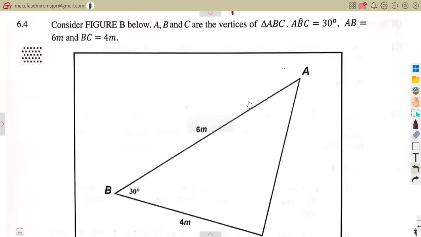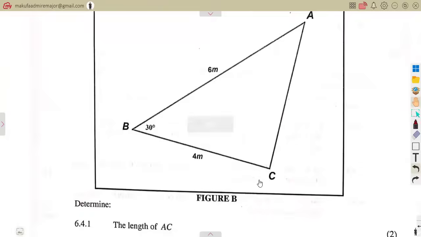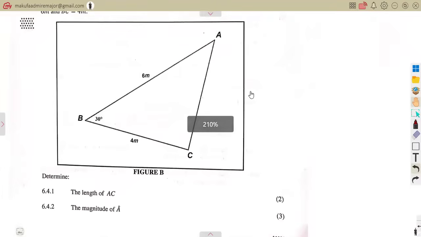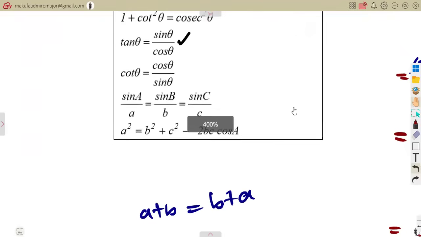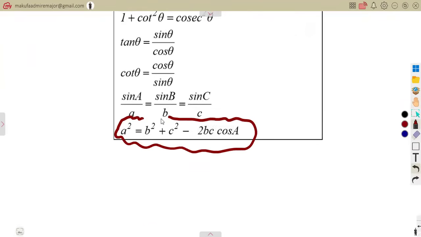6.4, consider fig B. Below A, B, C are the vertices of a triangle, and we are given angle ABC 30 degrees, and these are the dimensions. Calculate the length of AC. So also you can consider your trigonometry again. Given the cosine rule, you can use that whenever you are given an included angle.